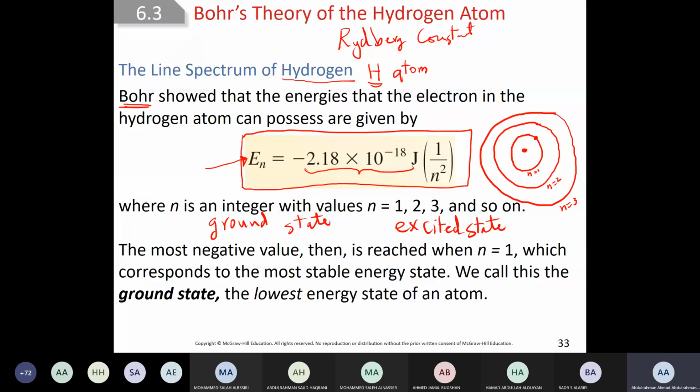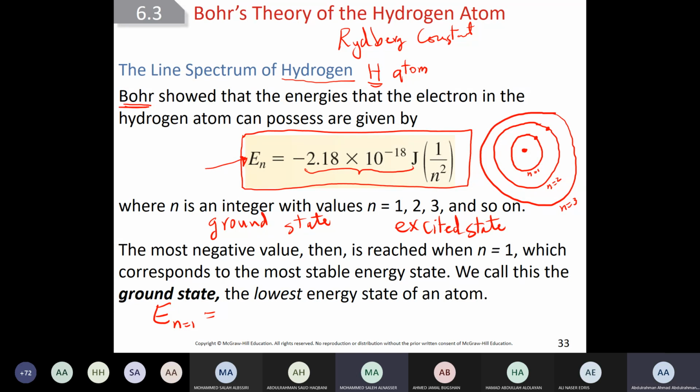Okay, when it goes from 1 to 2, first, can you calculate what's the energy of n equal to 1? We put 1 over n squared.